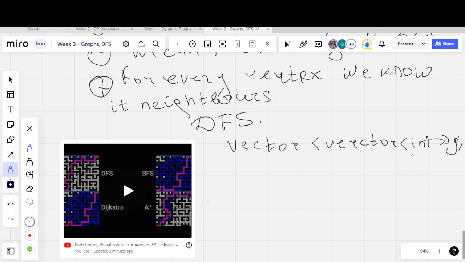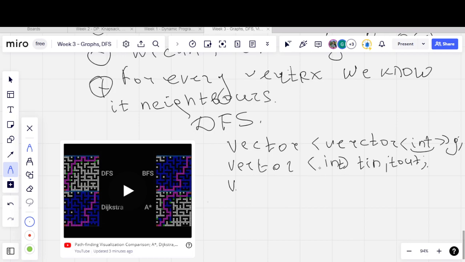In this way, vertices will be integers. We store another vector with integers, t_out, and we store color.